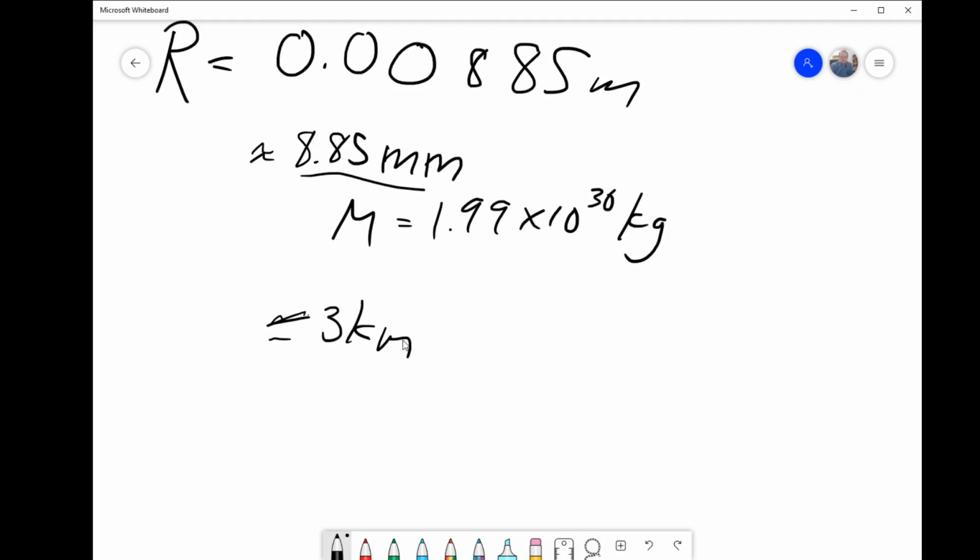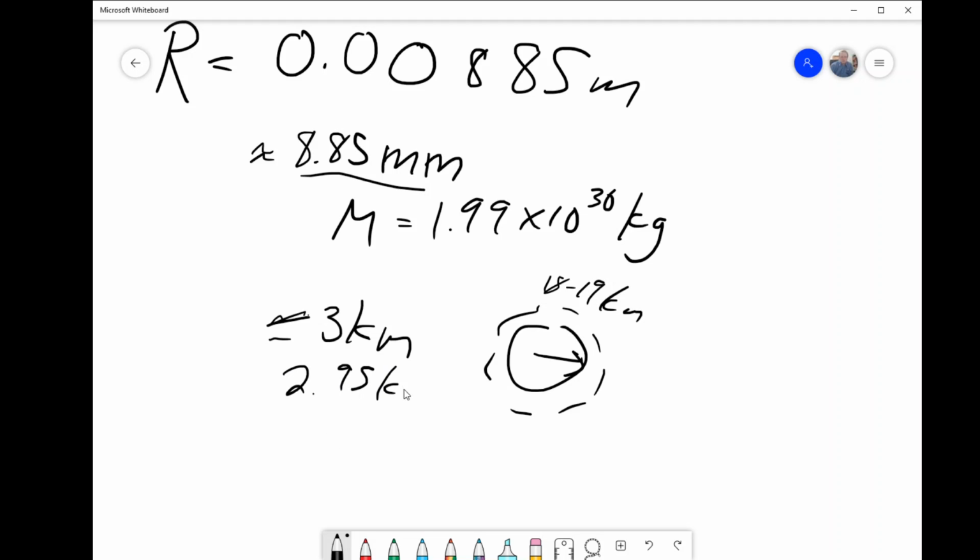So if our sun became a black hole, if we're looking at a 3-kilometer radius, well, we're looking at an 18 to 19 kilometer circumference. The radius is more like 2.95 kilometers.